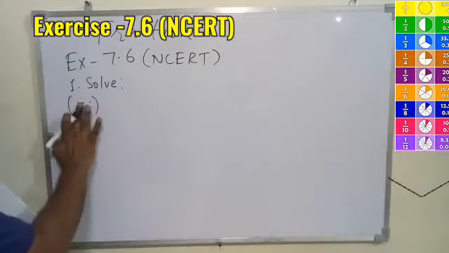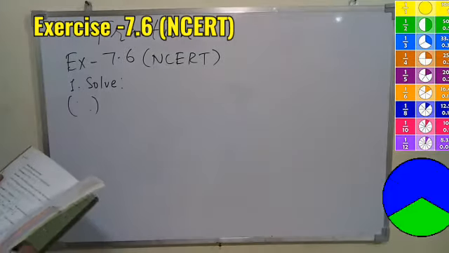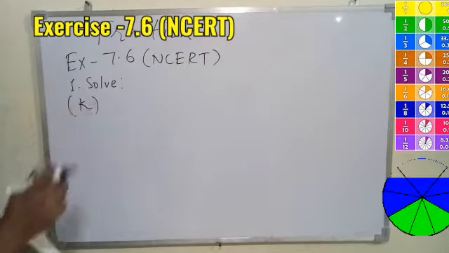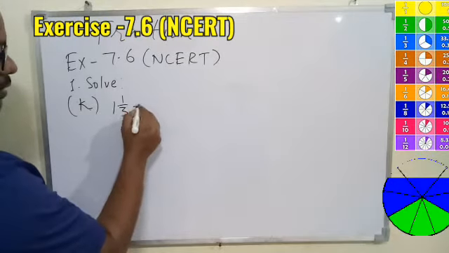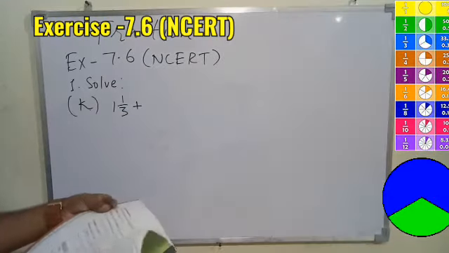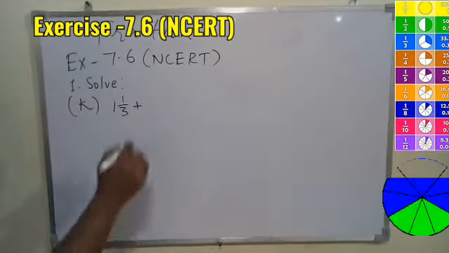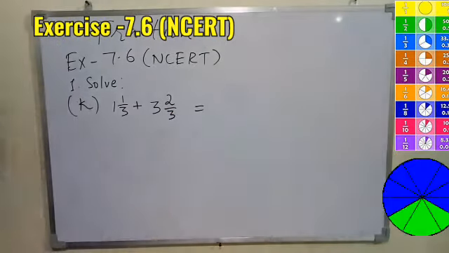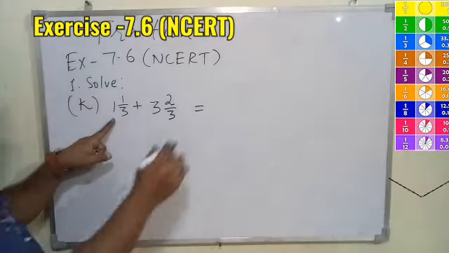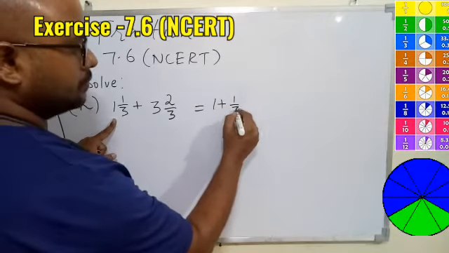Okay, we are having some mixed fractions also. So let me do the mixed one. K part. K is 1 upon 3 plus 3 2 upon 3. So what is to be done? First you separate 1 plus 1 upon 3.